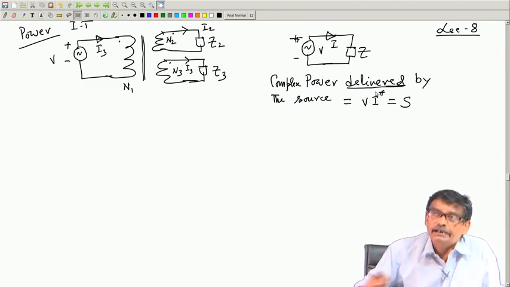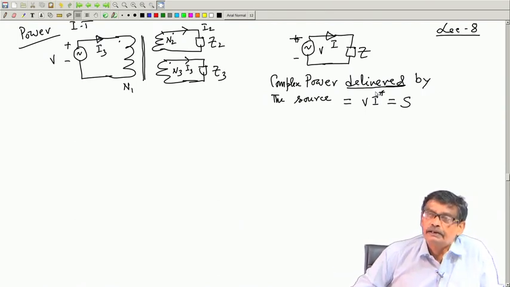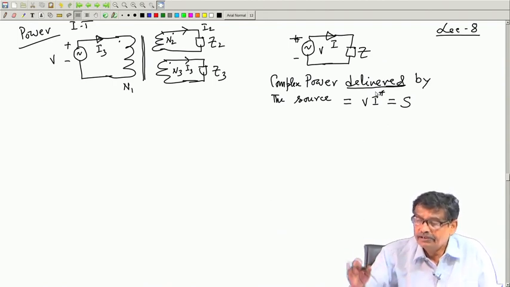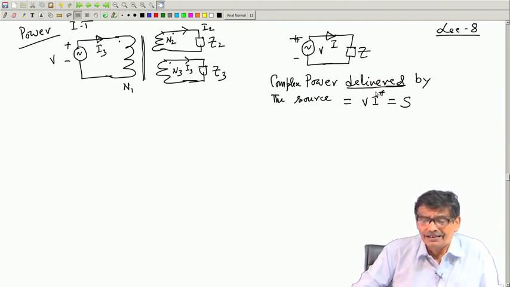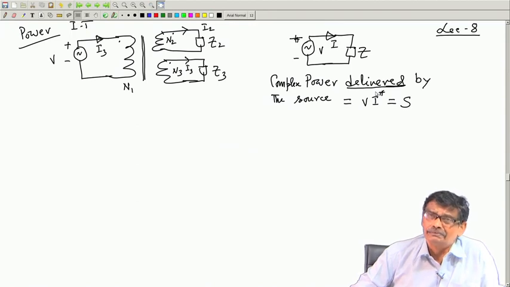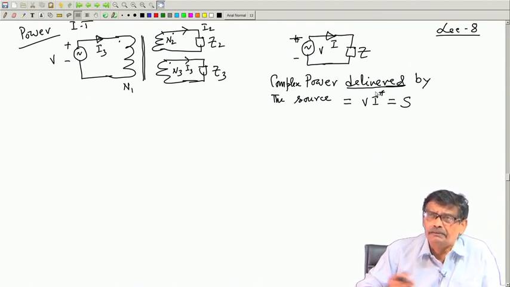After calculating this, if both the real and imaginary parts become positive numbers, then real power is delivered by the source, and reactive power is delivered by the source. Because in any circuit, current direction is your choice, and even if you have chosen it wrongly, it will be reflected in this equation.